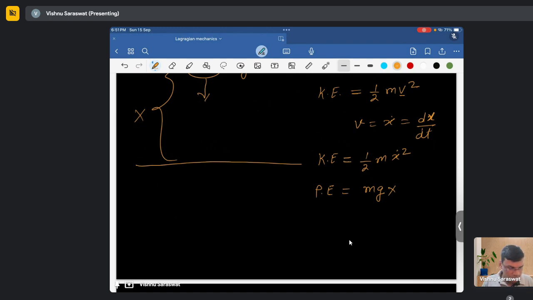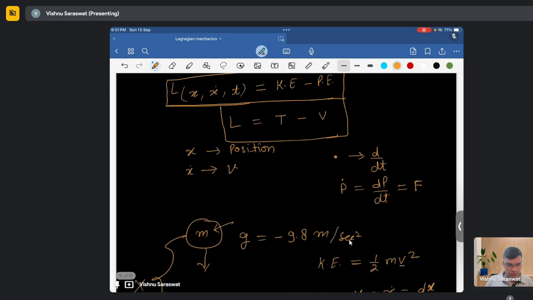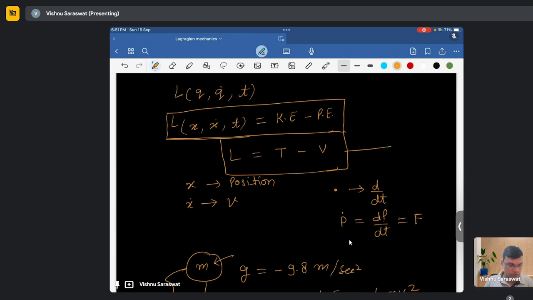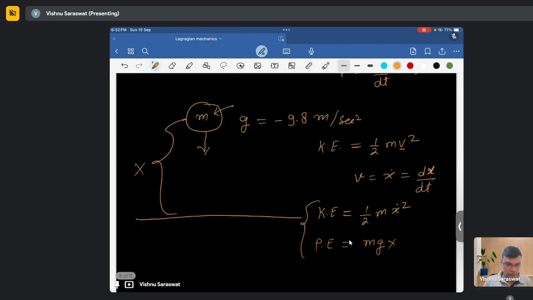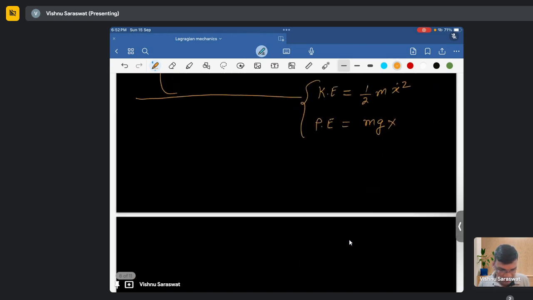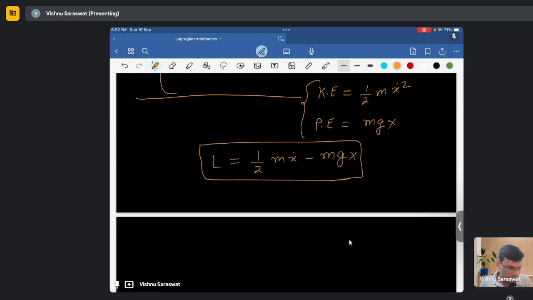Now we put these values of kinetic energy and potential energy into this equation 1. So now our Lagrangian looks like half m x dot square minus mg x. Okay, so this is our second equation.